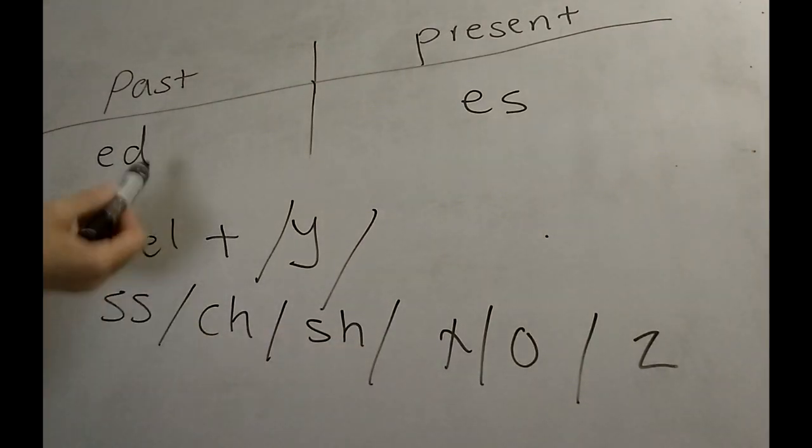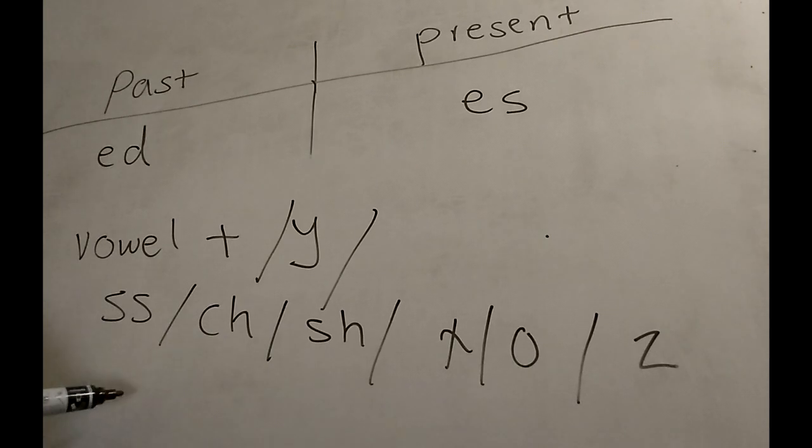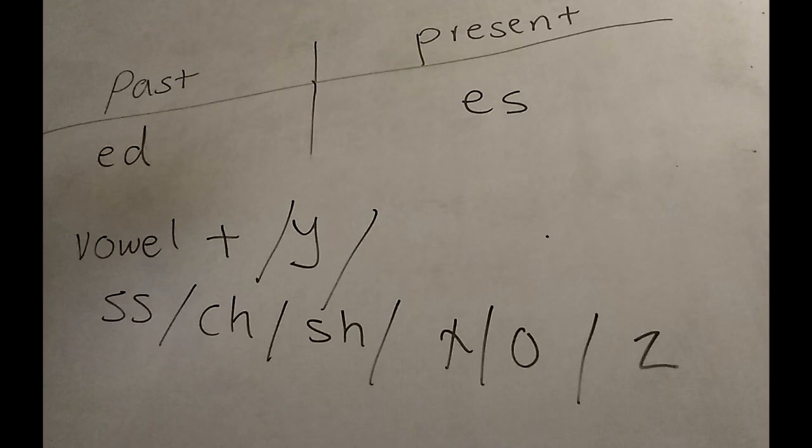So basically we add ed if we are talking about something that happened in the past, or we add es if we are talking about something that happens all the time.